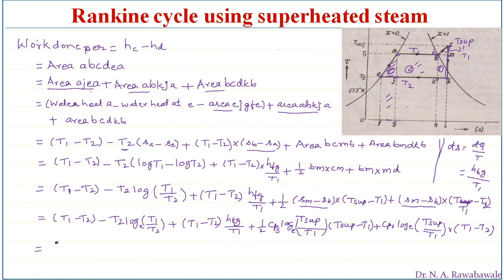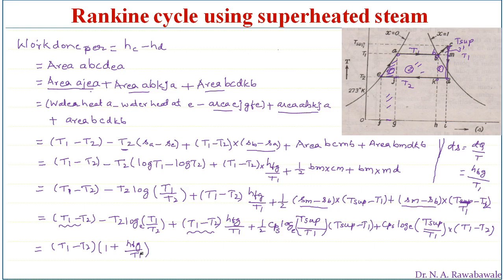Further, we can club some of the terms. So T1 minus T2 is taken common. In this place 1 is going to remain, 1 plus HFG divided by T1.